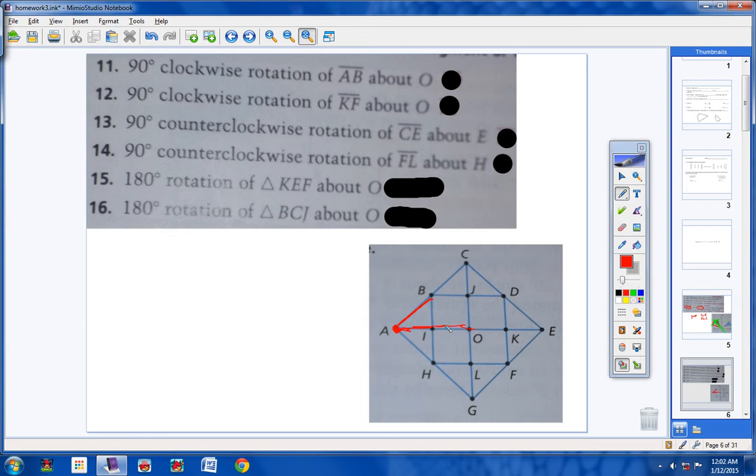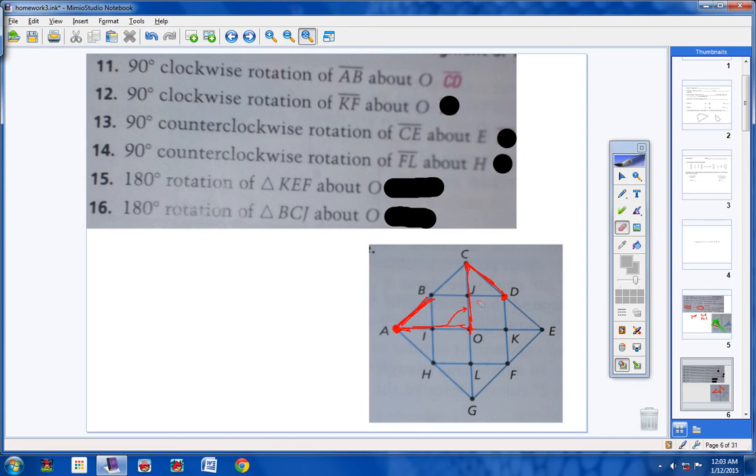Rotate it clockwise 90 degrees. So right here, A becomes C, okay? So then B would become D right here. So this segment right here. So if you were to rotate AB 90 degrees about O, you would get CD, okay? CD.